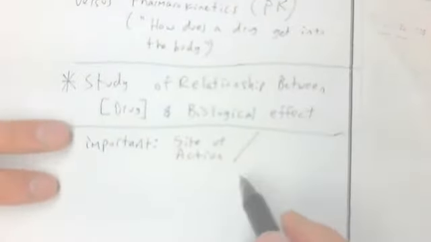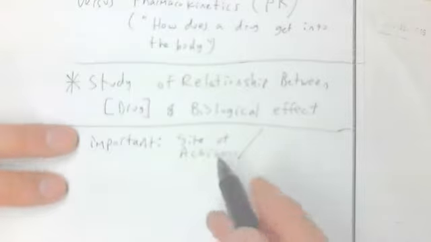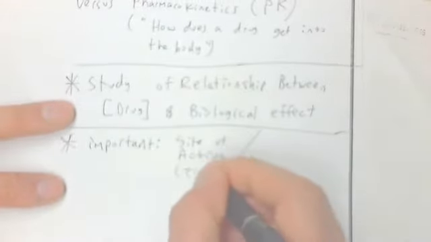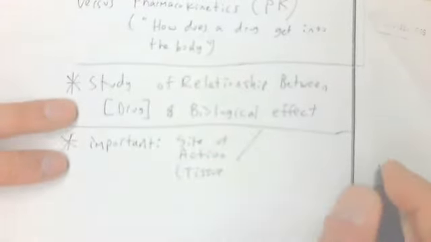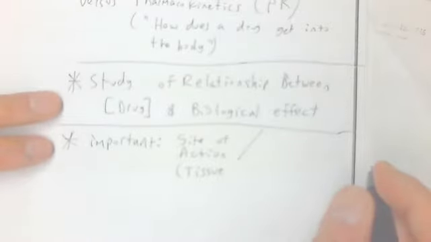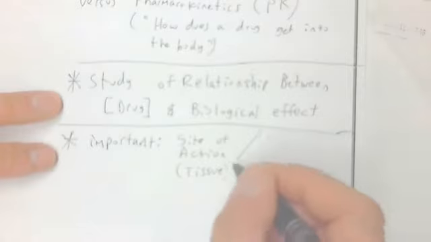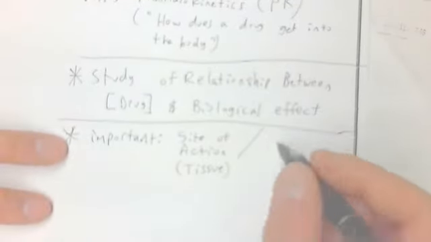Well, actually, let's say site of action could be more like tissue. So it's a tissue type. Is it tissue in the lungs? Is it in the brain? Is it in the muscles, etc.? So site of action is a little more general.